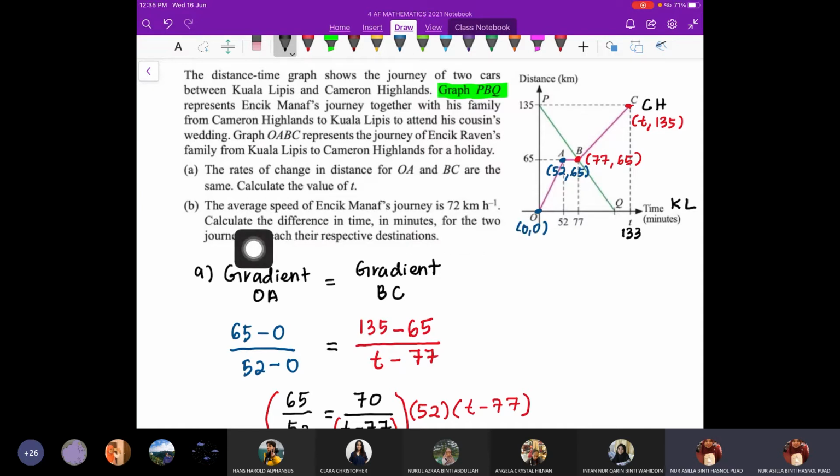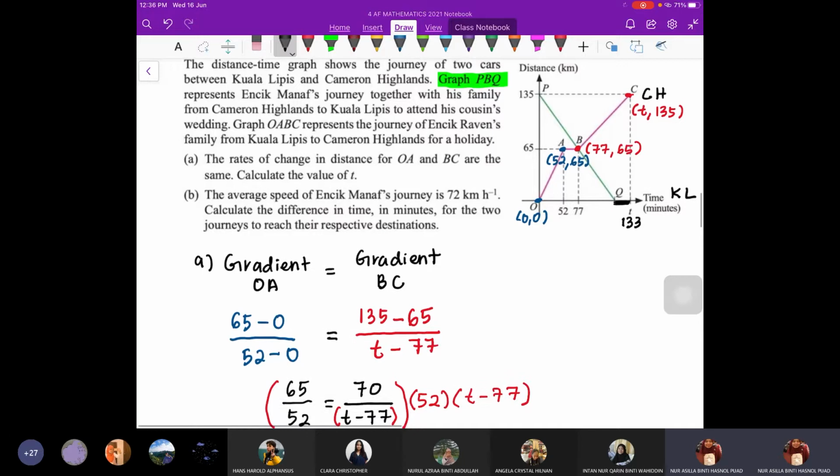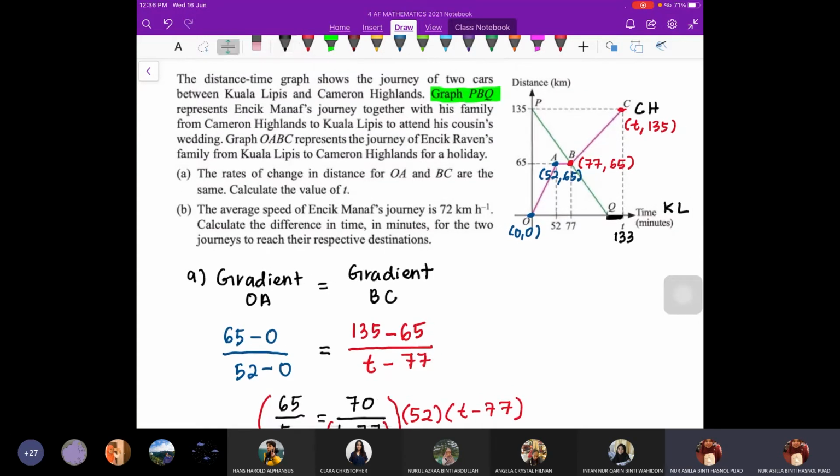So calculate the difference in time, in minutes. Tengok speed diberi in hours, dia nak in minutes for the two journeys to reach their respective destination. So dia nak kata, betul, Encik Manaf dia akan sampai dulu. Okay. Dan Encik Raven dia akan sampai kemudian. Dia ambil masa lagi lama. Okay, jadi dia nak tahu perbezaan ni. So perbezaan di sini. The difference in time. Okay, jadi diberi dah clue dekat situ sebenarnya. You can use it.